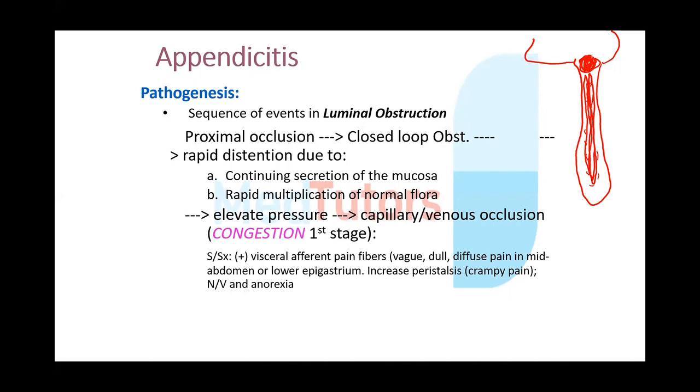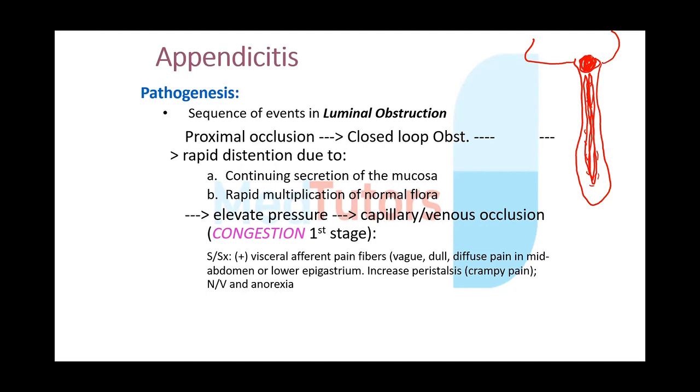For a foregut structure, visceral pains arising in the foregut usually are in the epigastric area. Visceral pain arising from the midgut are usually in the periumbilical area, and visceral pain usually arising from the hindgut are in the lower abdominal area.